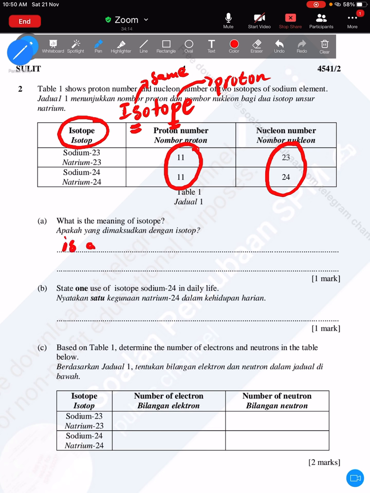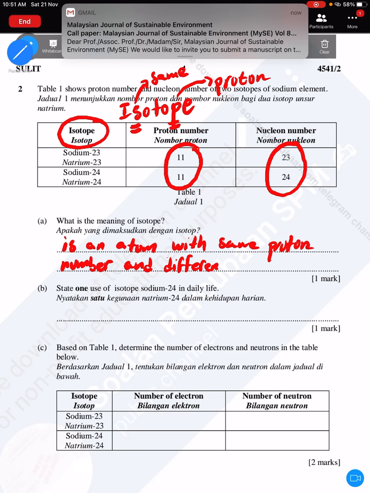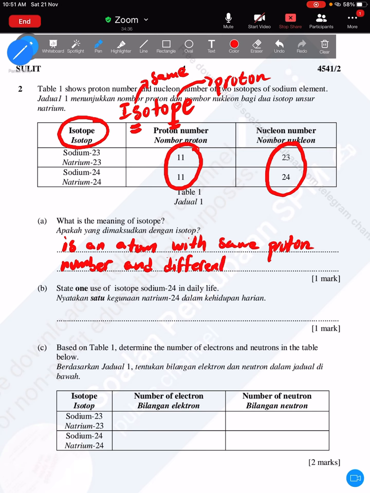An isotope is an atom with the same proton number. Very good. Write proton number and different nucleon number.